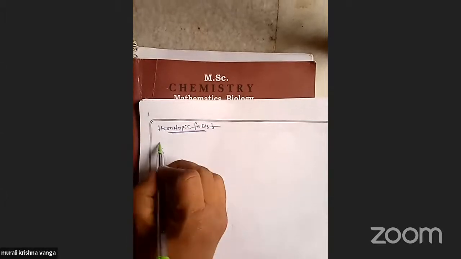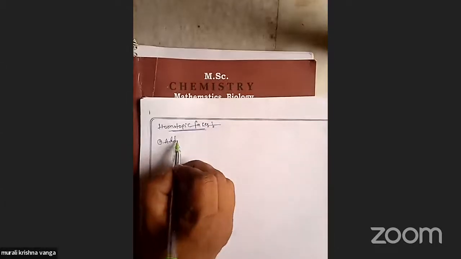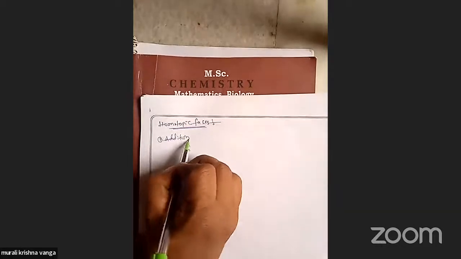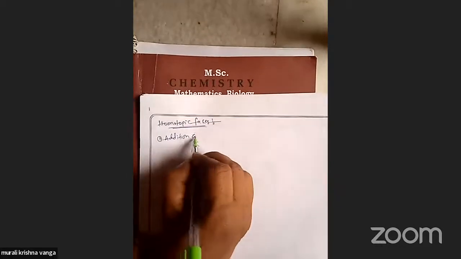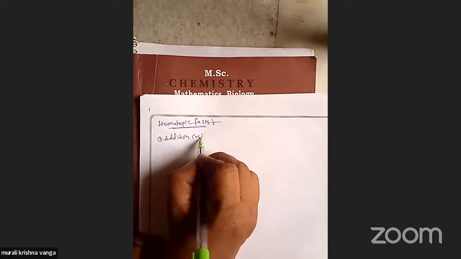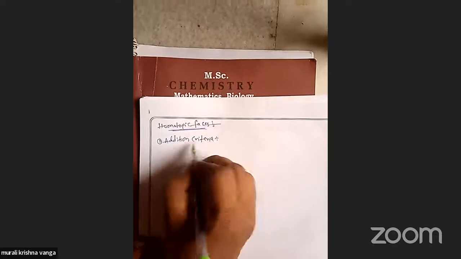First one is the addition criteria. With hypothetical addition on either phase, one at a time, if the resulting products are homomers, then those phases come under homotopic phases.